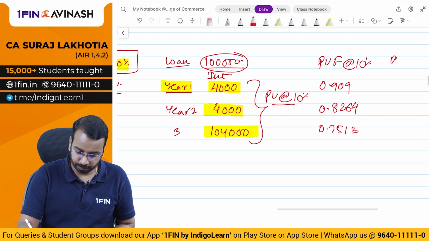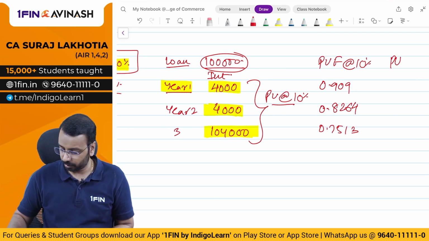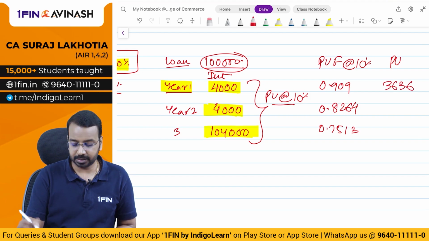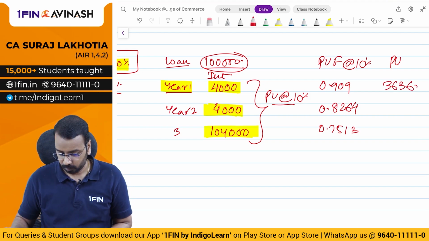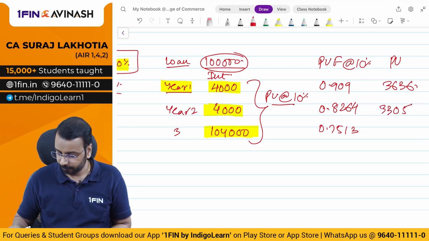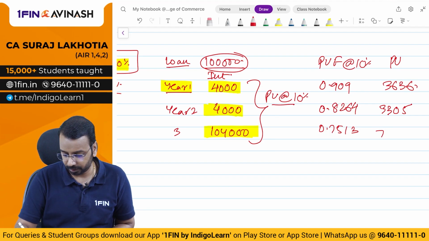What is the present value? 4,000 into 0.909 is equal to 3636. Then 4,000 into 0.8264 is equal to 3305. Then 1,04,000 into 0.7513 is equal to 7813.52.